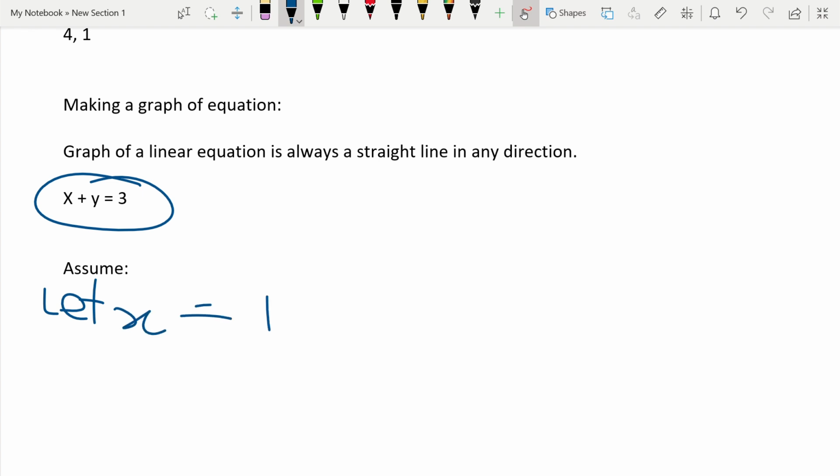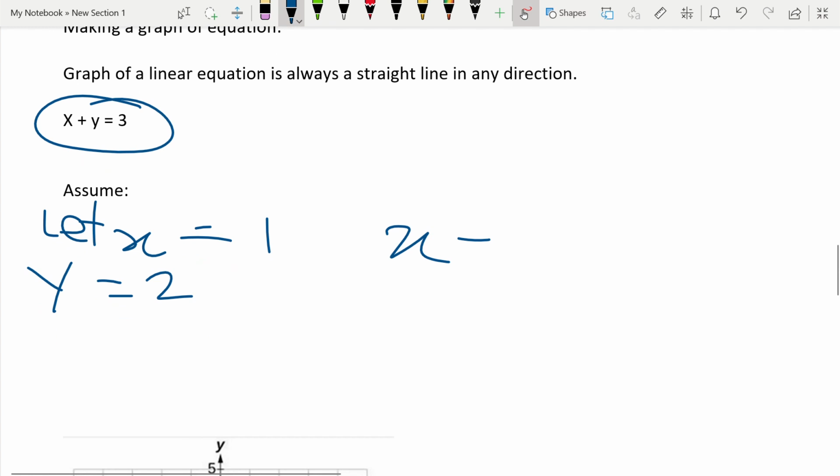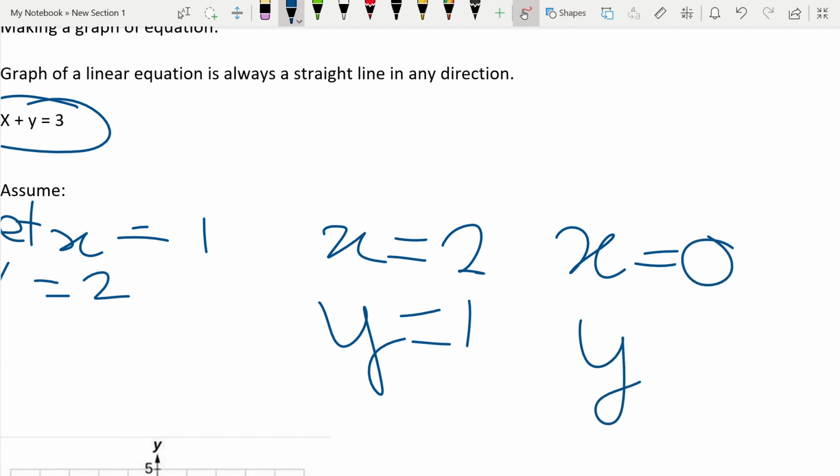Then y is going to be 2, because 1 plus 2 is equal to 3. If x is equal to 2, then y is going to be 1. If x is equal to, for example, 0, then y is going to be 3.